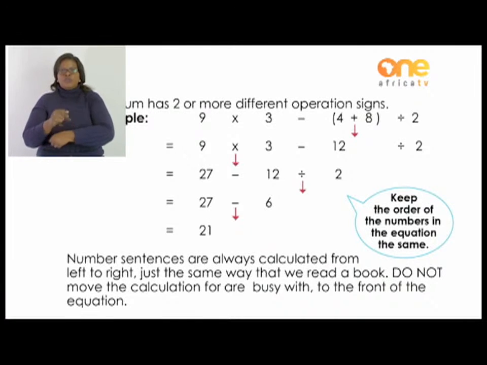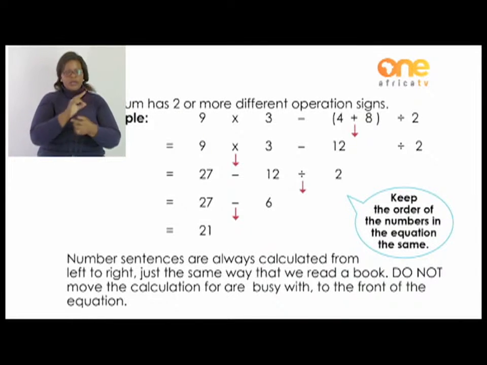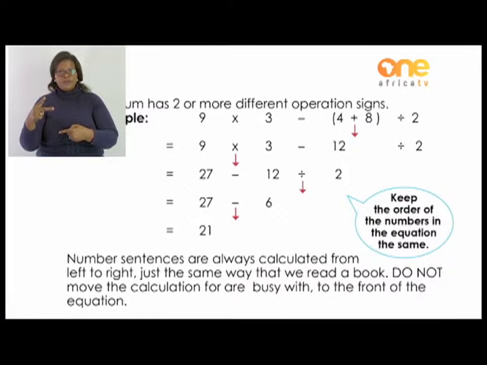So the next step, we rewrite all the operations until we get to the brackets. The next step will be 9 times 3 minus, and the answer to the operation in brackets, 12, divided by 2. What will we do next?